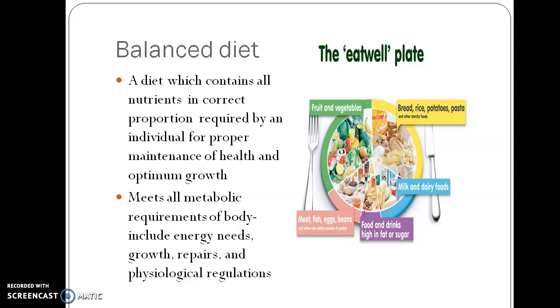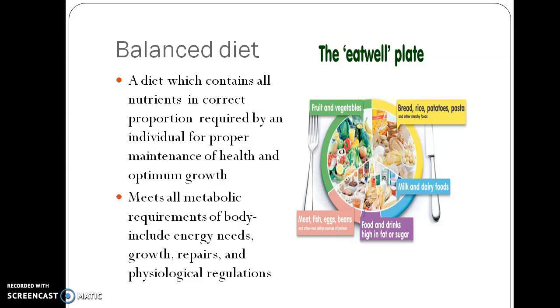In other words, it is a diet which can provide all essential nutrients in sufficient amounts to meet the synthetic and energetic requirement of the human body, to promote and preserve its normal growth and health.